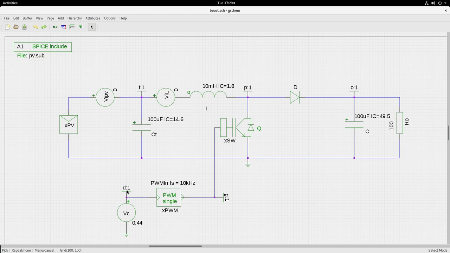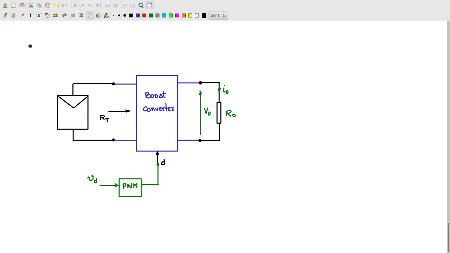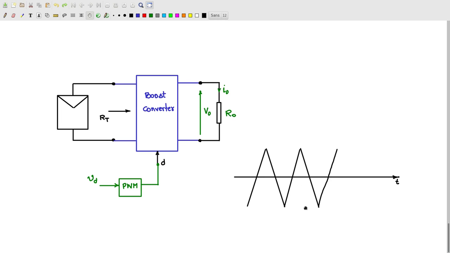What is the relationship between duty cycle and the VC voltage? Let me just show you. Boost converter and the PWM block here. Now VD is setting the duty cycle. Inside the PWM block there is a triangle carrier, something like this. Let us say the triangle carrier is going plus minus in this fashion. This is -1, this is 0, this is +1.